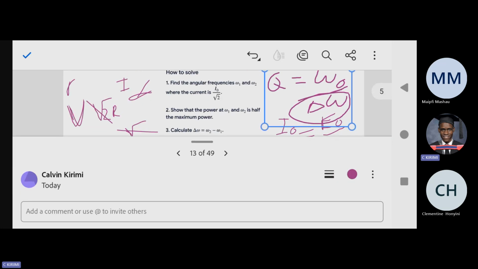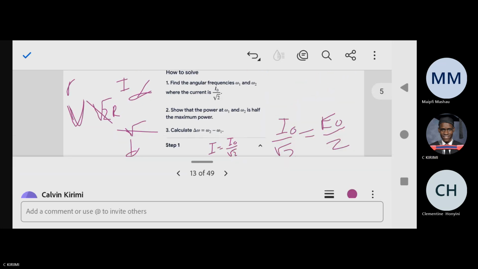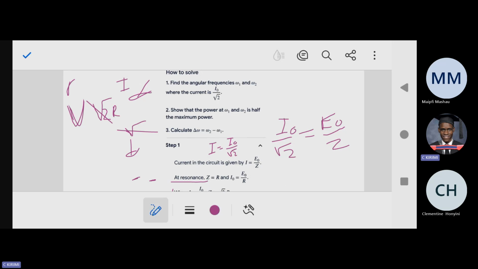Just mentioning it, it's marks. Q is equal to W naught over change in omega. Already you have scored marks, just to remember that formula. By substituting, you are only substituting the denominator, because W naught you already have. Then you arrive at the answer.